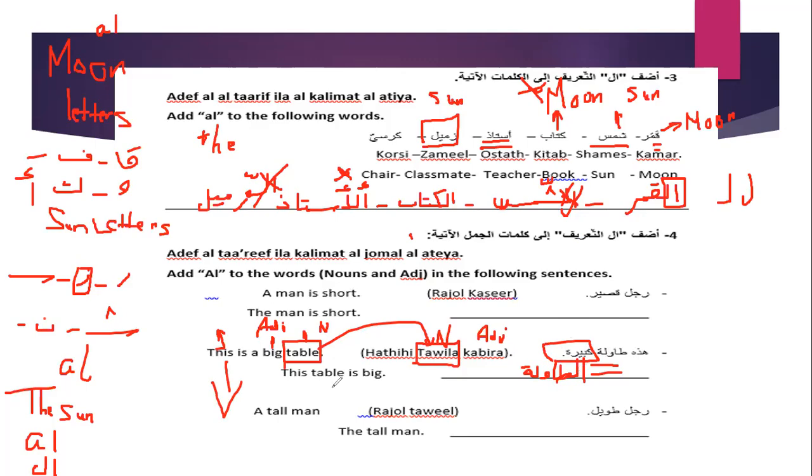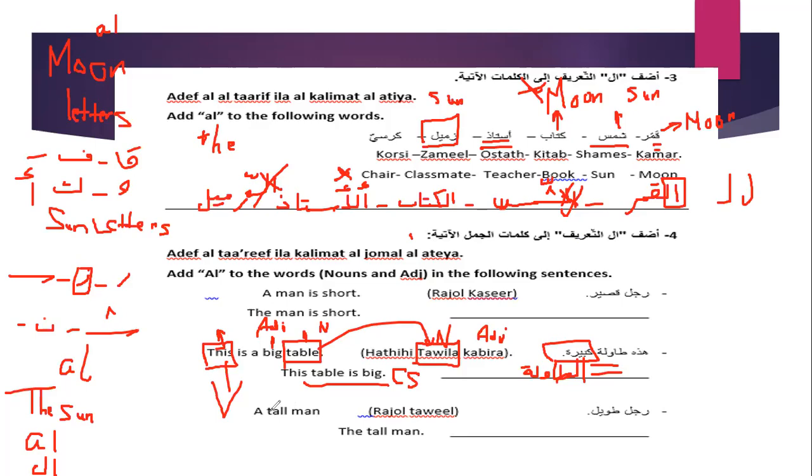If the sentence starts with this and it's a complete sentence, this table is big, you can't add L to the adjective, you only add it to the noun, okay?